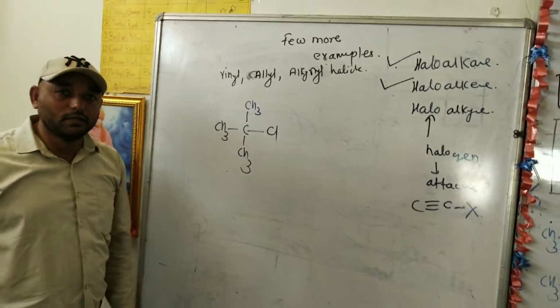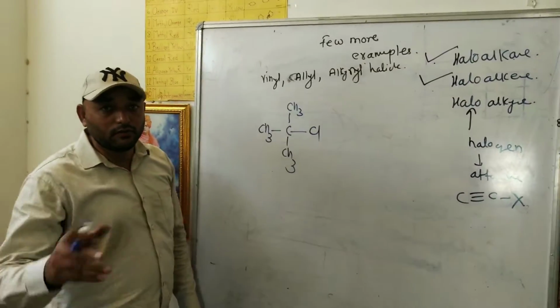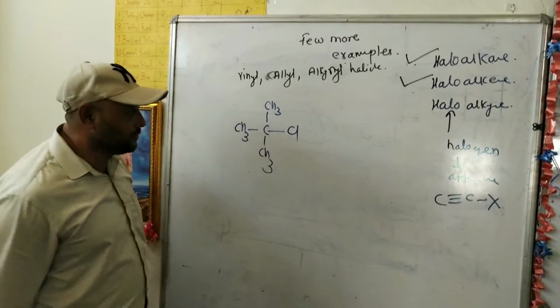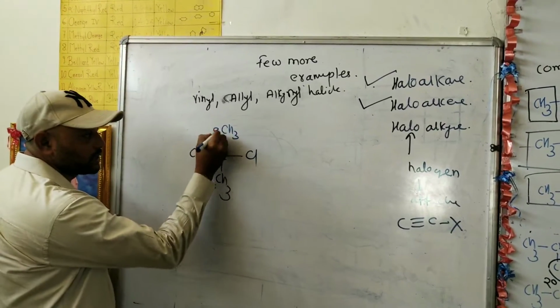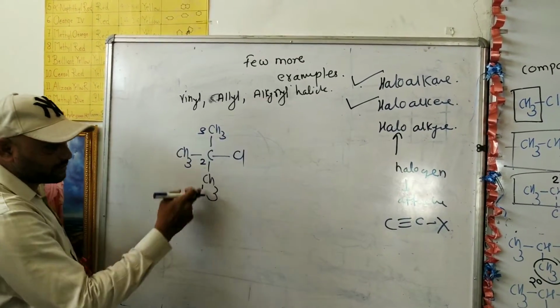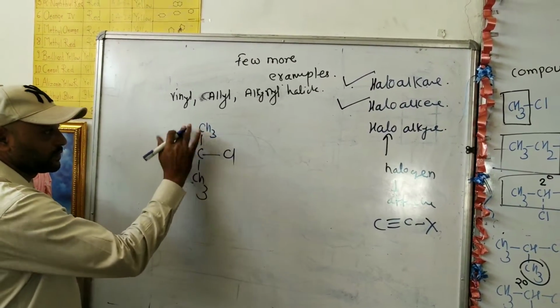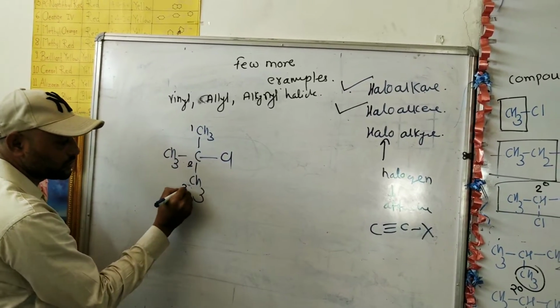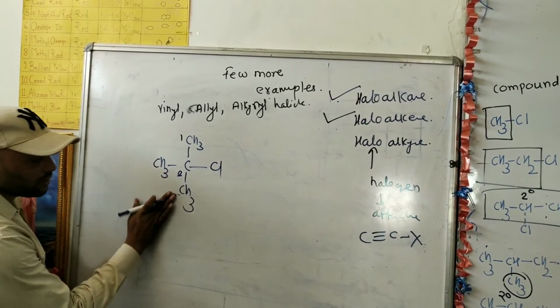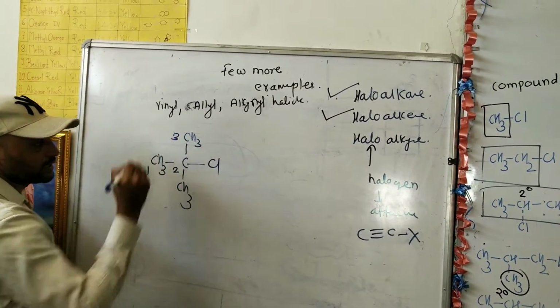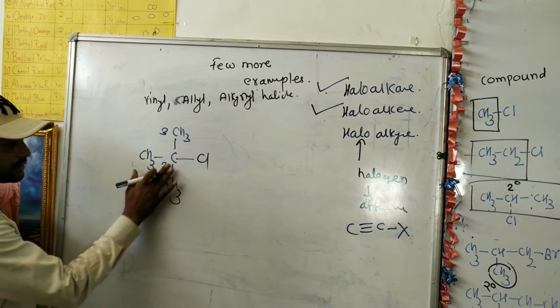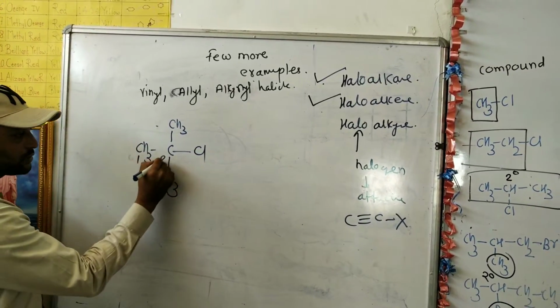Simple rule. Select the longest chain from where halogen is near. You can select from this side, 1, 2, 3, a 3 carbon chain, or from another side, 1, 2, 3.